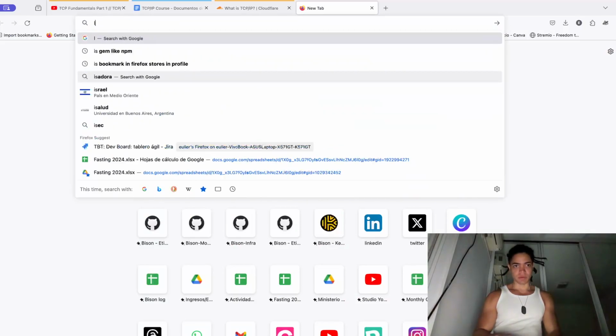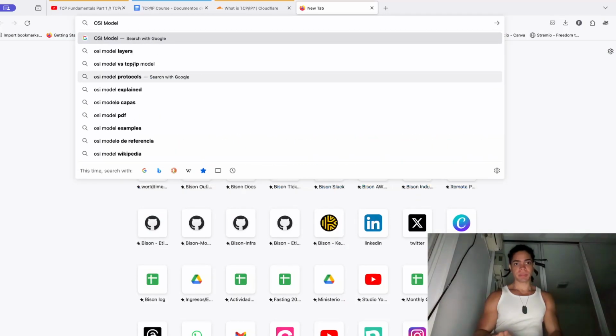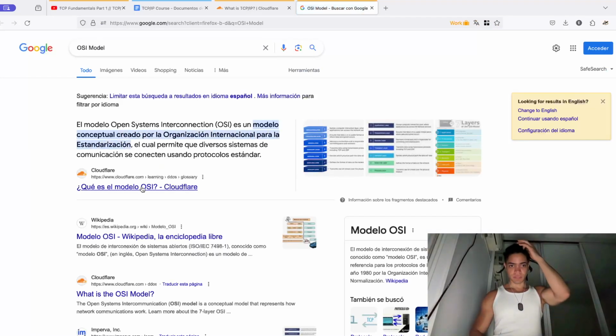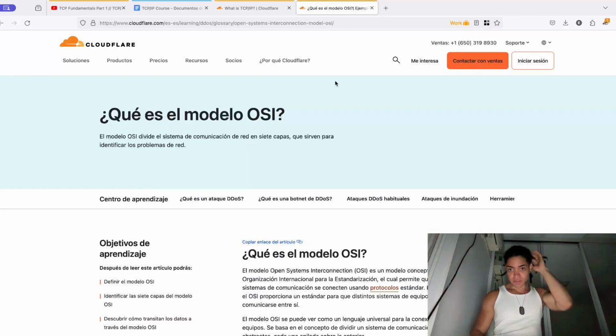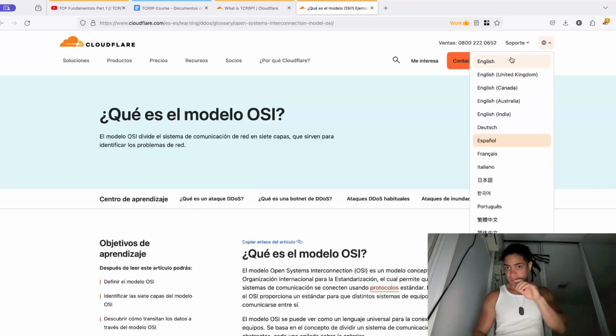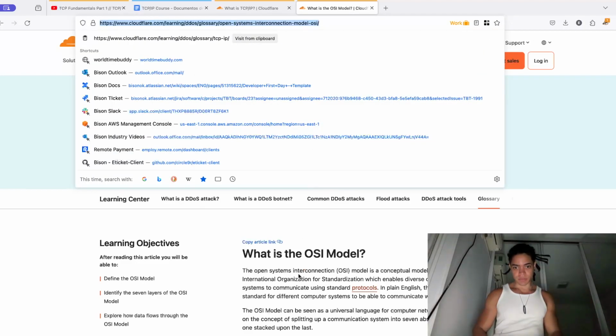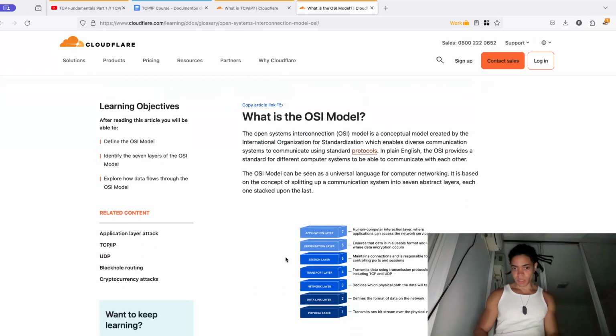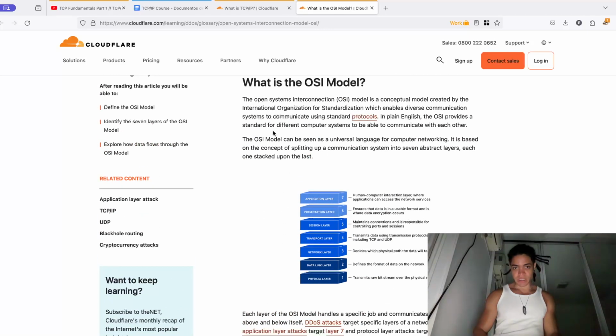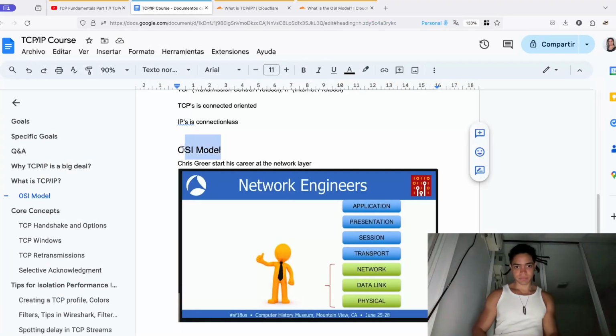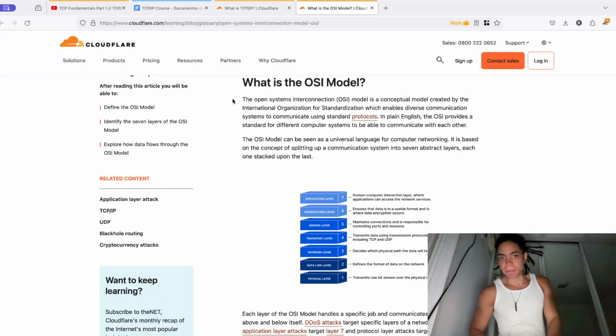What is the OSI model? Can you give it to me in English? The Open Systems Interconnection. The OSI model is a conceptual model created by the International Organization for Standardization.